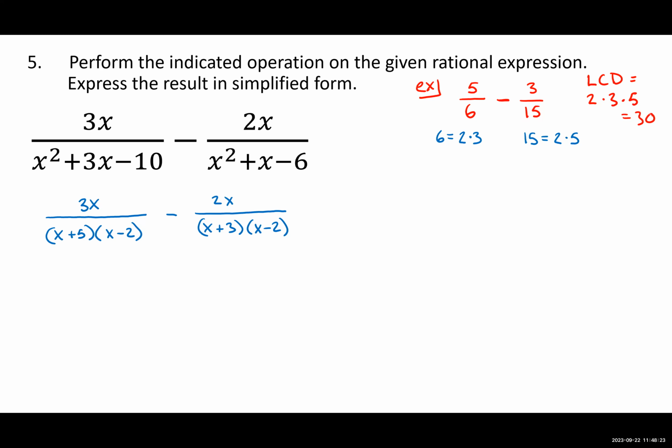And that's where the 30 is coming from. It's got to contain a 6, which is the 2 and the 3, and it's also got to contain a 15, which is the 3 and the 5. So we multiply the first fraction by 5 over 5. We multiply the second fraction by 3 over 3.